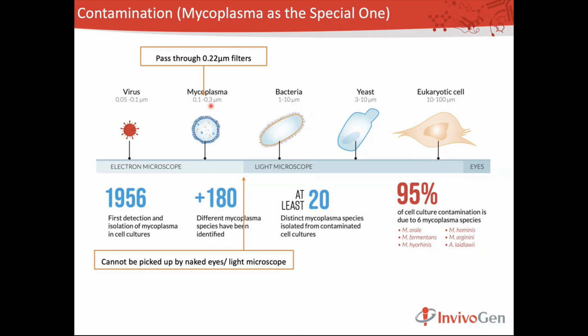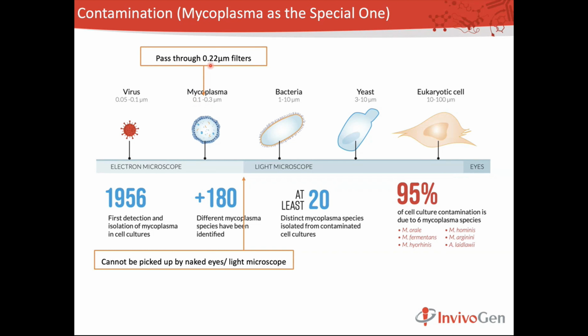Another major headache for Mycoplasma, again, is because of its small size. Commonly used filters in cell culture are 0.22 micron. We filter our medium, we filter our drugs using 0.22 microns. Mycoplasma, having a size of 0.1 to 0.3 microns, can pass through the filters.